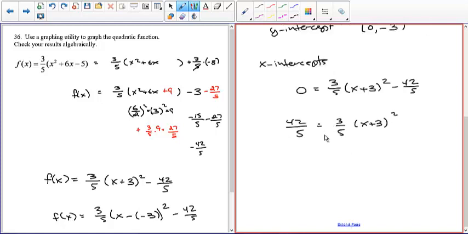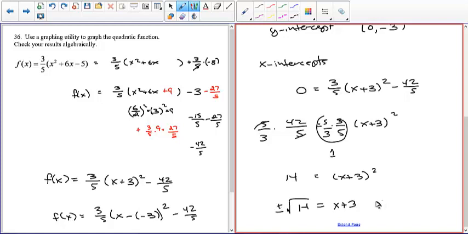And then we're going to multiply by the reciprocal of that, 5/3. So that'll become 1. Here the 5's cancel out. 42 divided by 3 is 14, I think. 14 is equal to x plus 3 squared. Take the square root, so you get plus or minus the square root of 14 is equal to x plus 3. So the x-intercepts are -3 plus or minus the square root of 14.